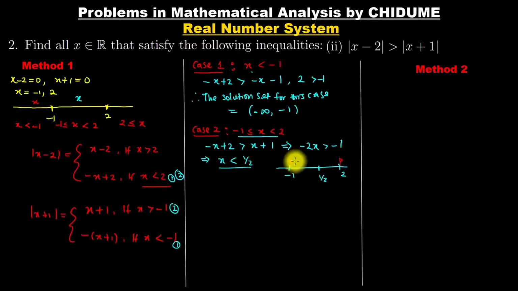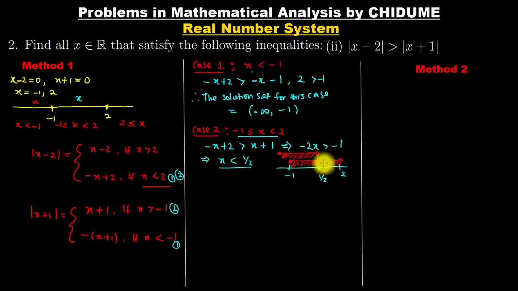And for this result, we now have x strictly less than 1/2. So we now have it open at this end, and it goes in this direction.